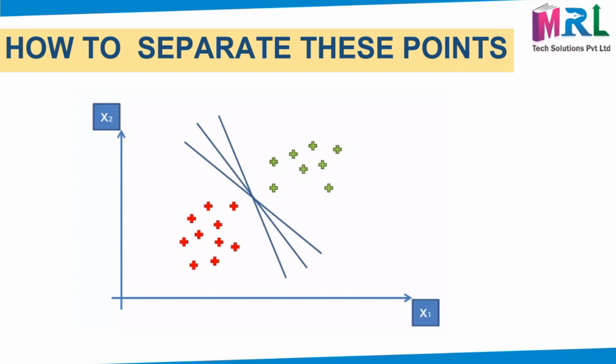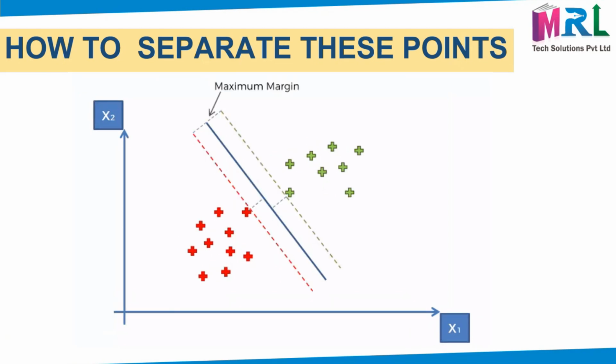How the flexibility comes is because of the simplicity of this algorithm. The simplicity of this algorithm is, it will consider only the two extreme margins of the data sets. It will search for the maximum margin. What does maximum margin mean?